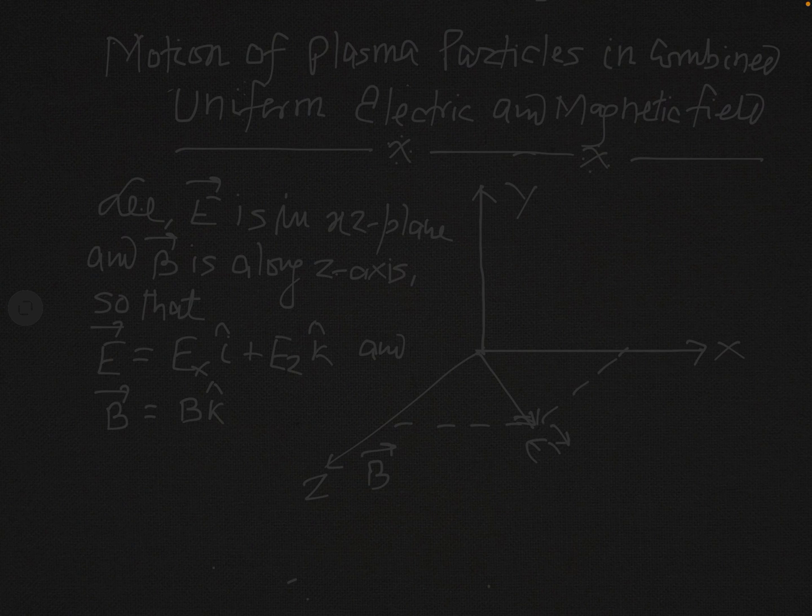Now first of all we will write the equation of motion of the charged particle of plasma, and then we will find the nature of the motion of the particle. The equation of motion is simply the Newtonian equation of motion, that is, the force acting on the particle is equated to mass multiplied by its acceleration.